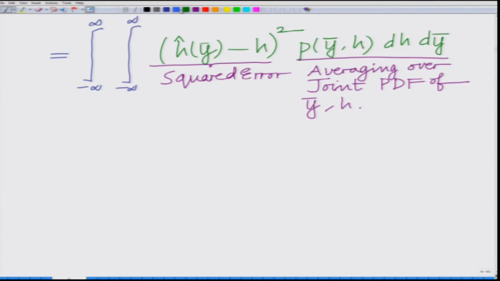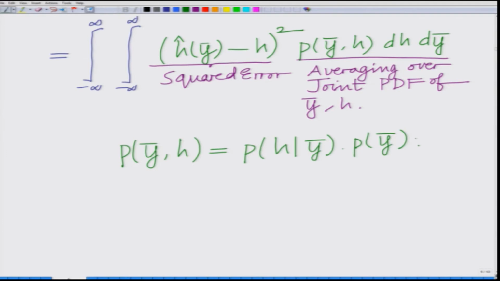We are going to use the following property: P of y bar comma h, sorry, this is not h bar, this is h, can be expressed as P of h given y bar times P of y bar.